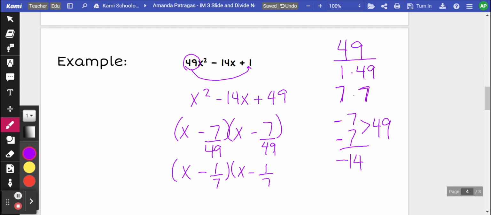Be very careful. All right, so I'm left with fractions. I can't have fractions, so I just take my denominator, move it in front, and I will get 7x minus 1 times 7x minus 1. Okay, and if you wanted to check, you could FOIL that, or you could use the box method.